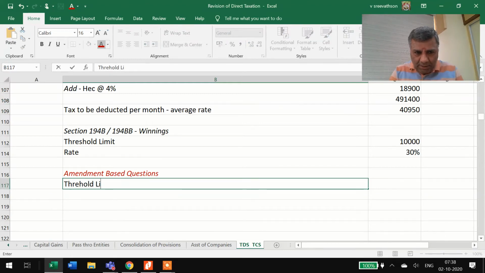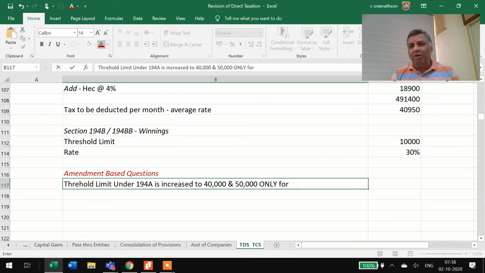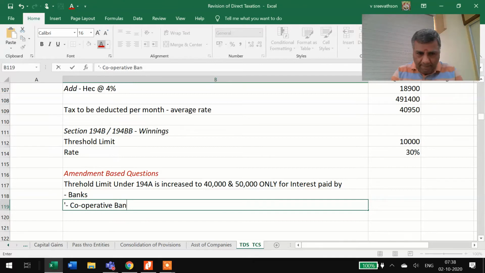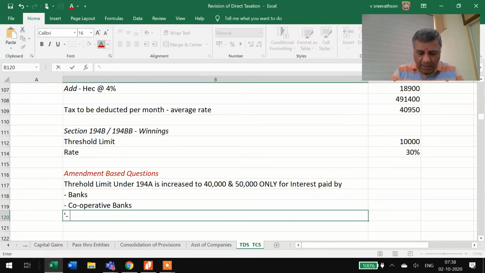The threshold limit under 194A is increased to 40,000 and 50,000 only for interest paid by banks, cooperative banks, and post office.